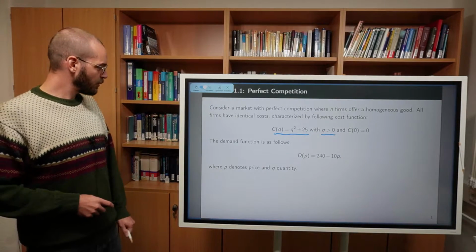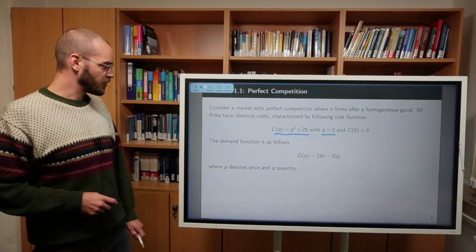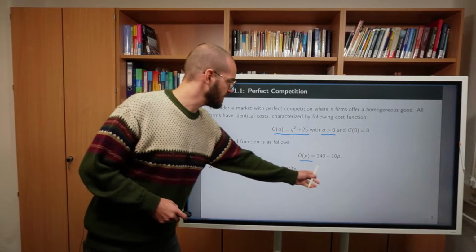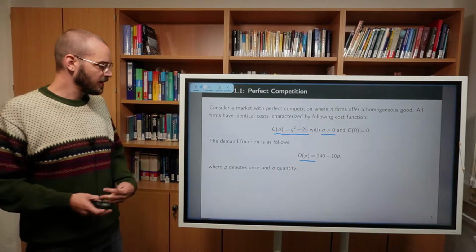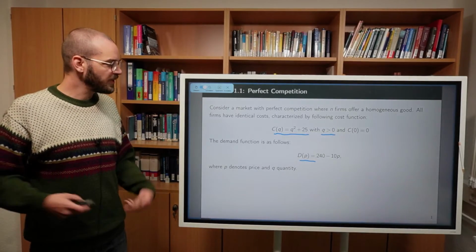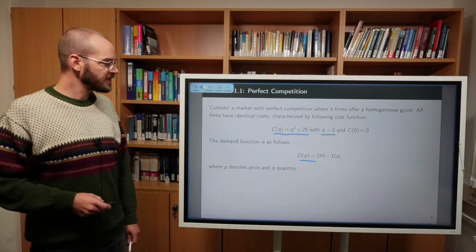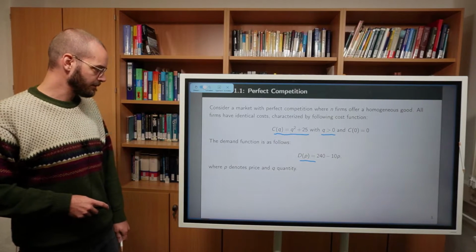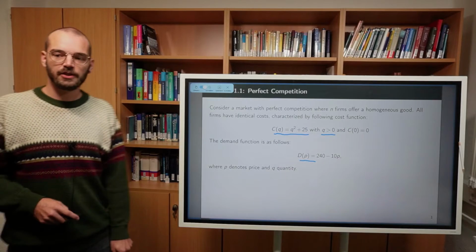Then further we know that the demand function is defined as written down here. So the demand function D as a function of the price P equals 240 minus 10p, where P denotes price and Q denotes quantity.